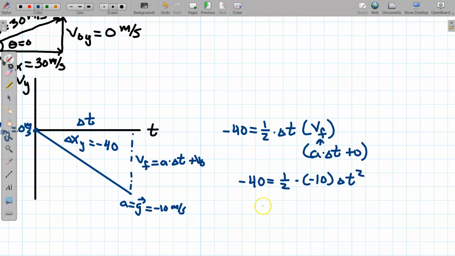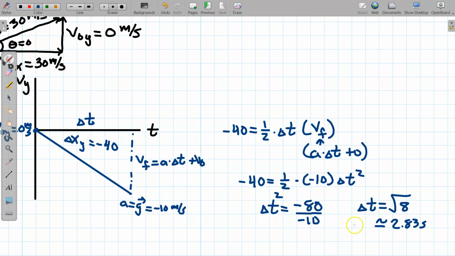And then when I solve that for delta t, delta t is going to equal the square root of 8, which is approximately equal to 2.83 seconds. And that's the answer to letter A.